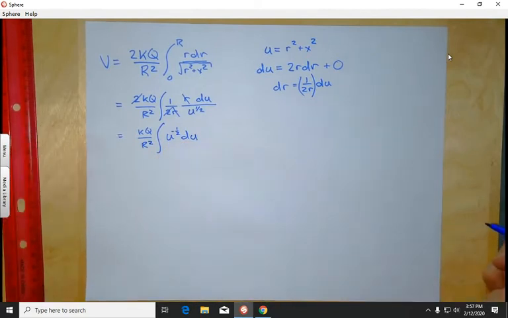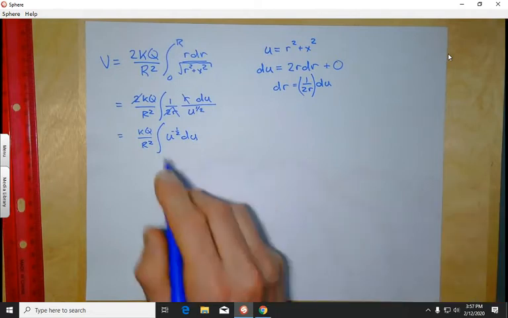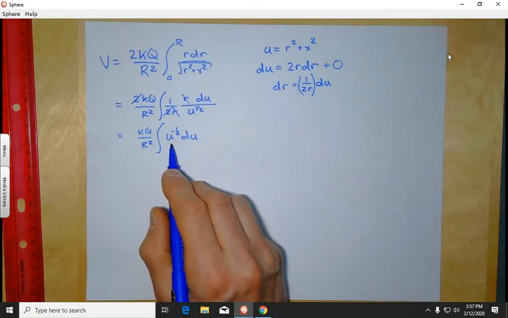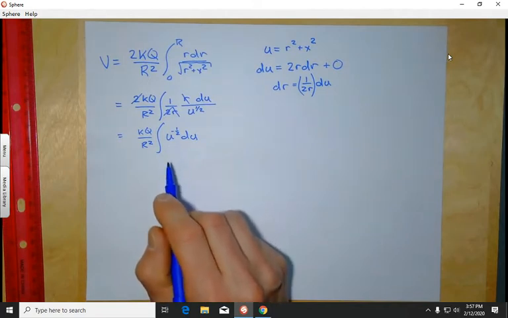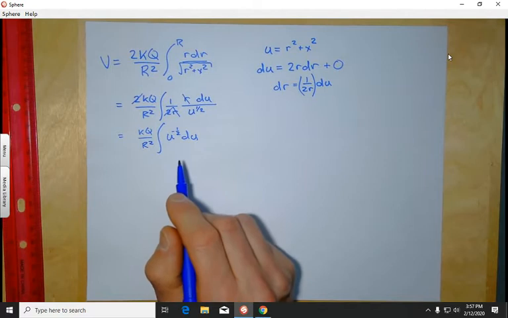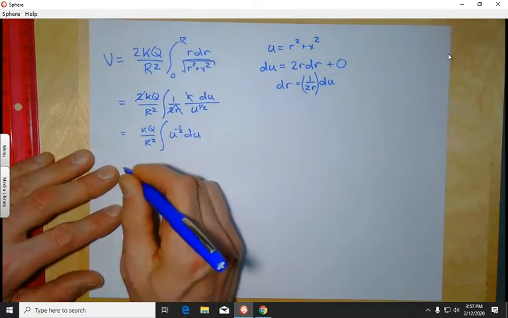Which is pretty simple and a pretty easy integral to take if you think about just finding the antiderivative of u to the negative 1/2, the way we've talked about it. So let's do it.